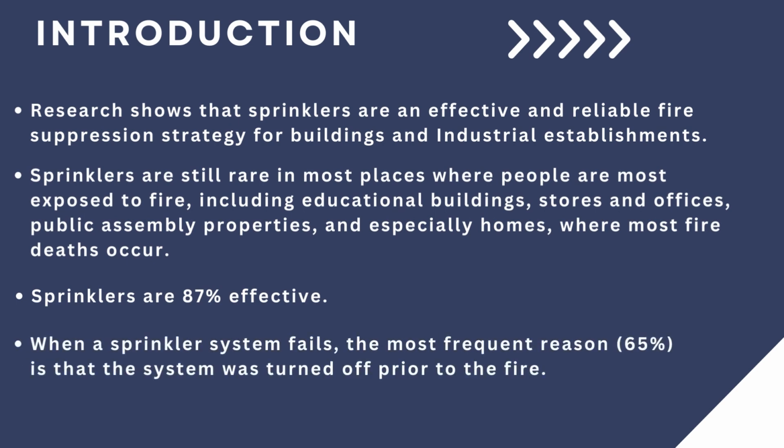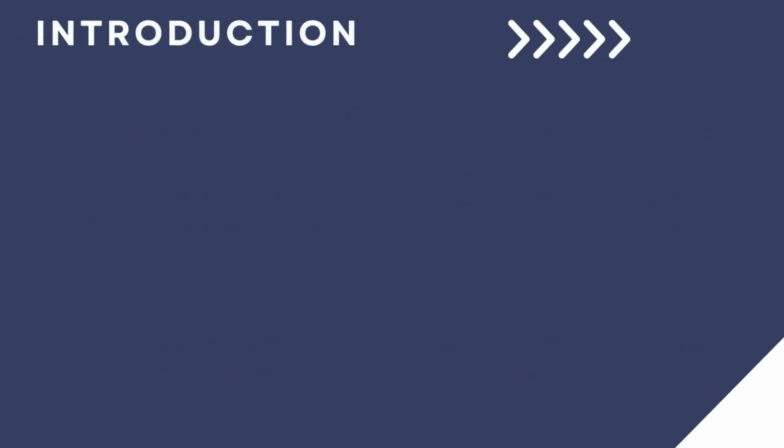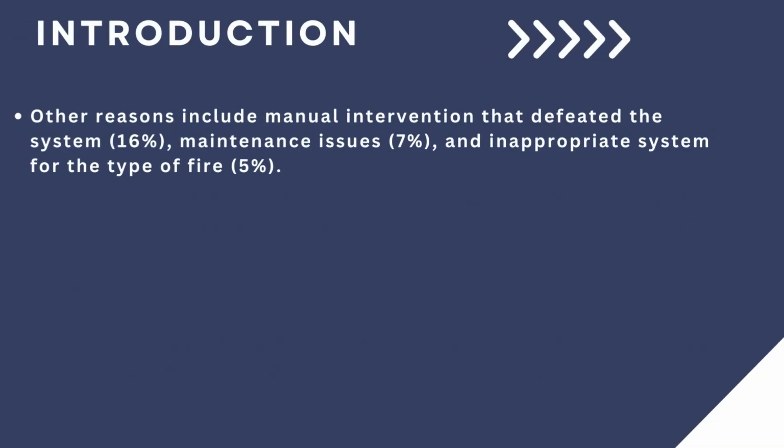When a sprinkler system fails, the most frequent reason, at 65%, is that the system was turned off prior to the fire. Other reasons include manual intervention that defeated the system at 16%, maintenance issues at 7%, and inappropriate system for the type of fire at 5%.